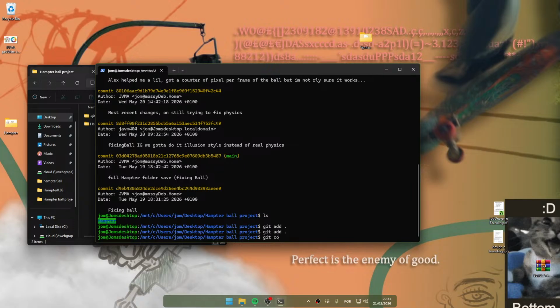So git commit version. What branch am I at?